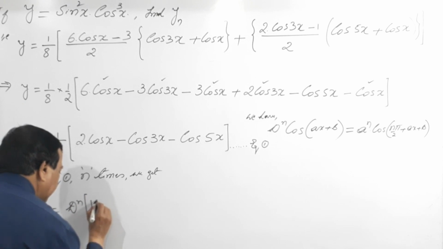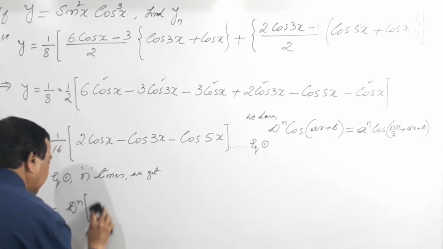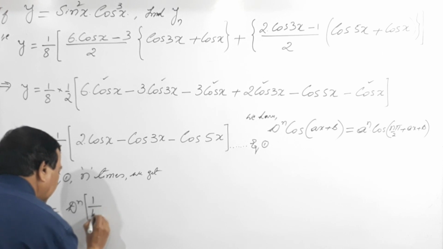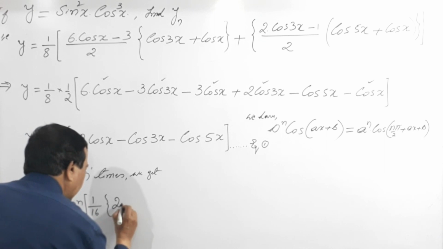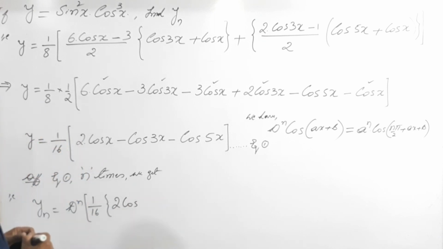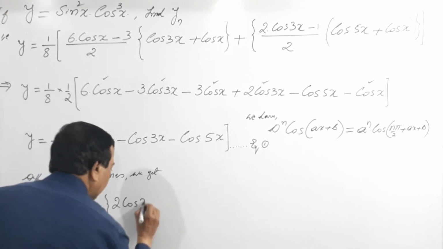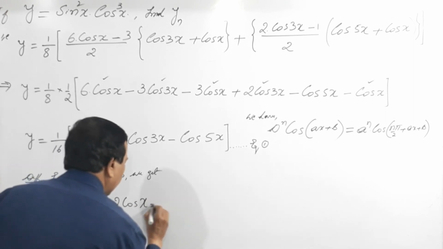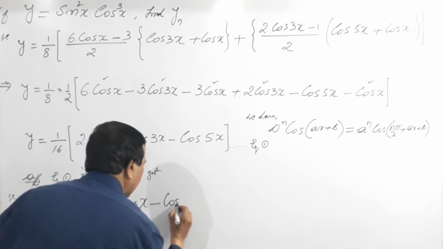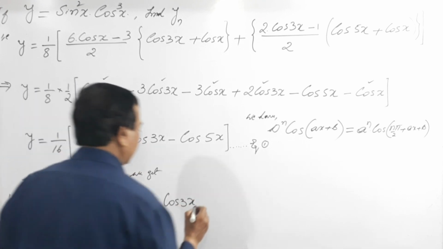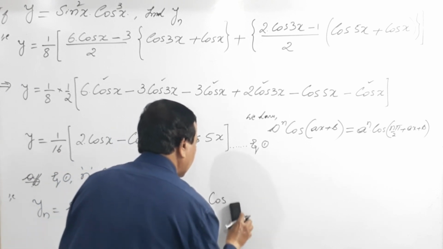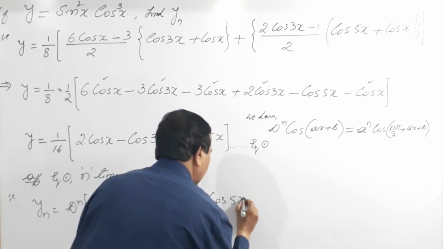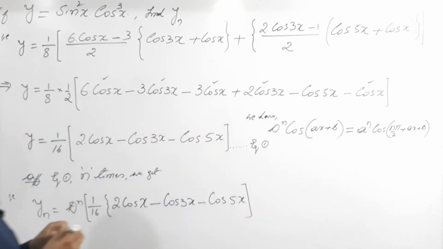I take 1 by 16 and open a bracket: 2 cos x minus cos 3x minus cos 5x.